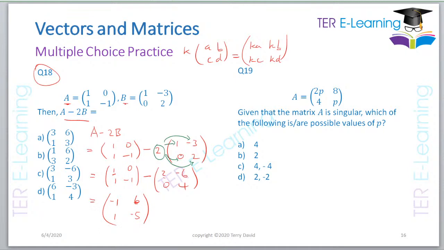Wow. Anybody get any answer that I got? One, 0, 1 minus 1, 1 minus 3, 0, 2. So it'll be 2 minus 6, 0, and 4.